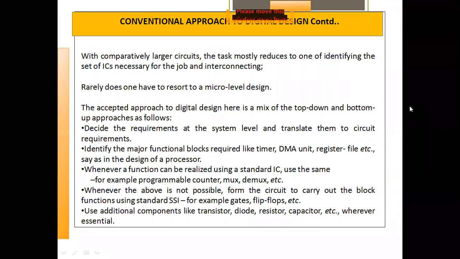And whenever the above said things are not possible, we have to go for the other concept, using the gates, standard small scale integrated circuit ICs, for example gates, flip flops, etc. Or whenever it is not possible to carry out the block functions using the standard ICs, we have to go for the design on our own.